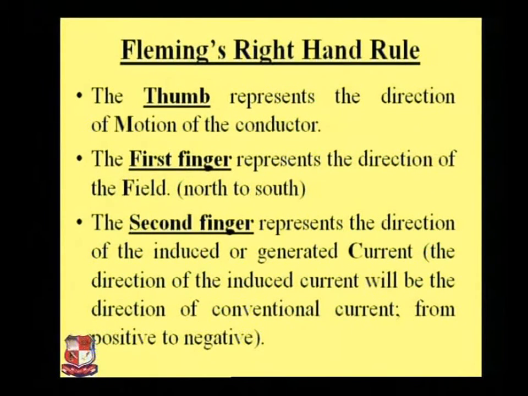The first finger represents the direction of the magnetic field generated by that material, and the second finger, which is perpendicular to the first finger, represents the direction of the induced current.